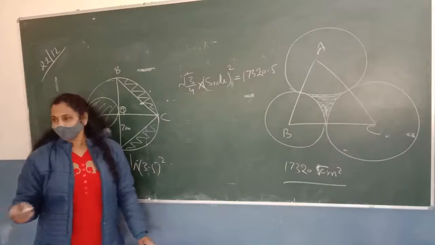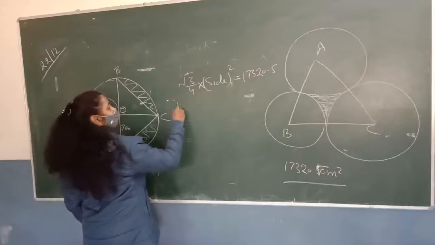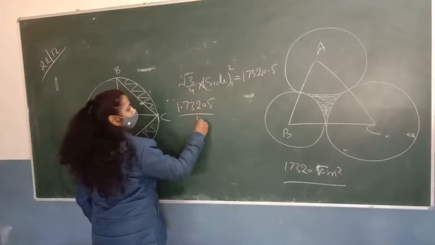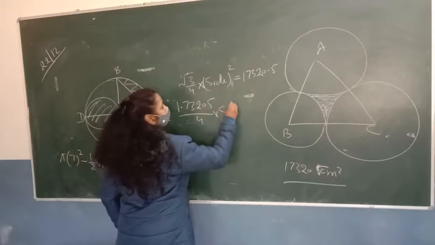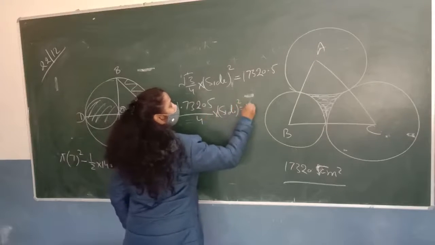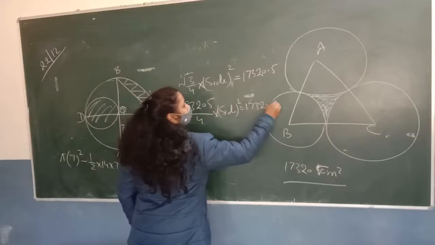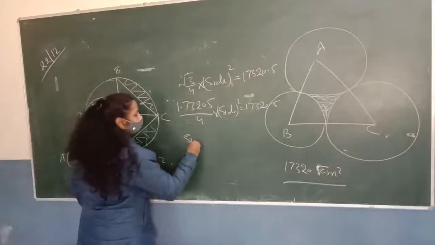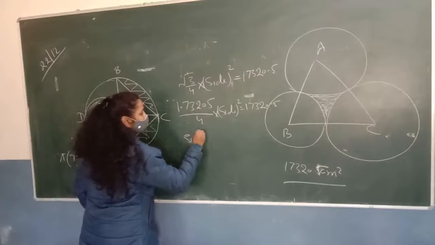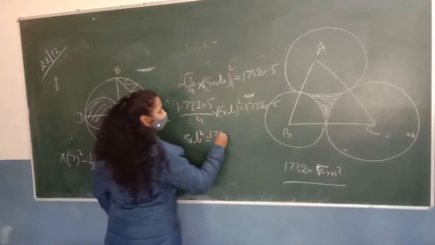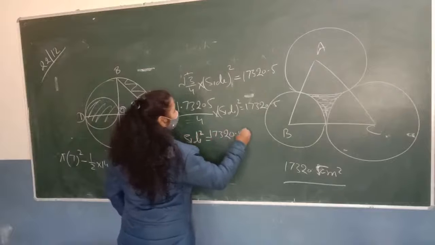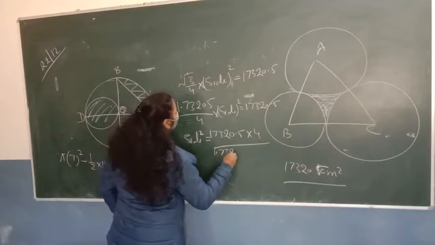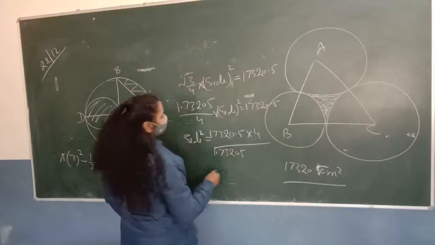The value of √3 is given in the question. It is 1.73205. This is the value of √3 in the question. So here we can find the length of the side. Side square will be 17320.5 into 4 upon 1.73205.